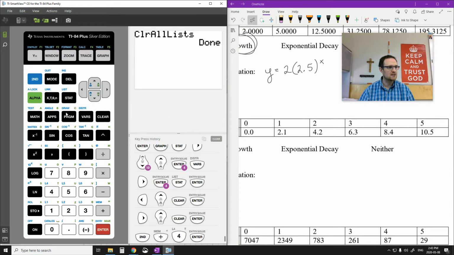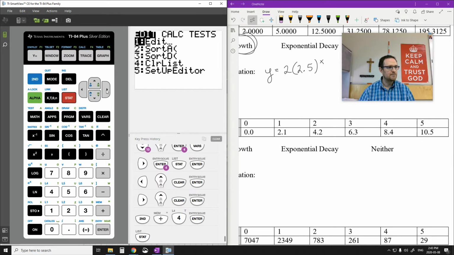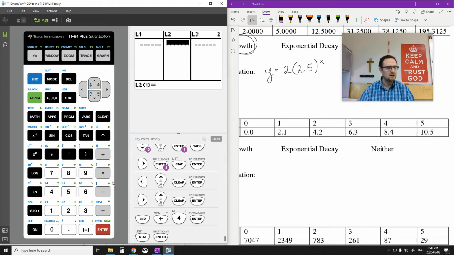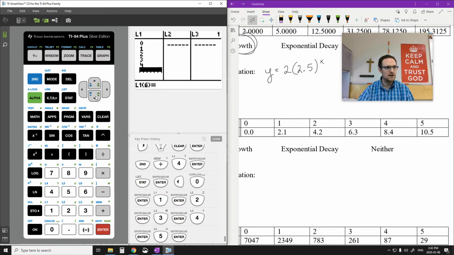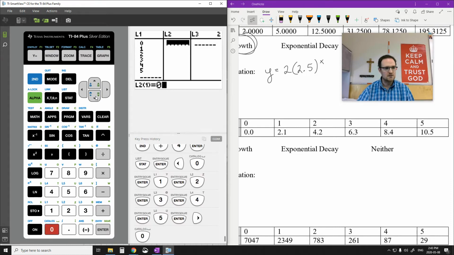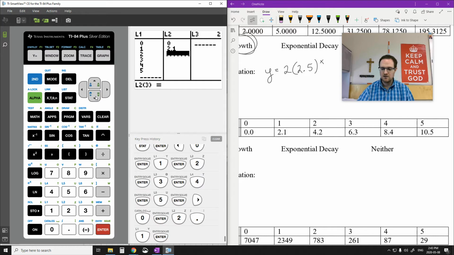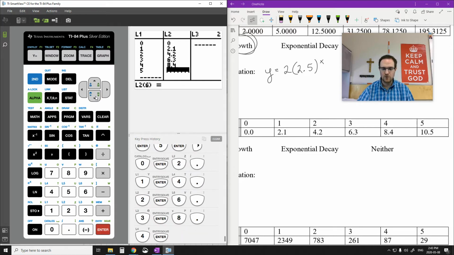It should say done, and that should clear the list out for you. Let's go back to stat edit. I'm going to punch in these numbers: 0, 1, 2, 3, 4, 5. Okay, so those are nice numbers. And 0, 2.1, 4.2, 6.3, 8.4, 10.5.